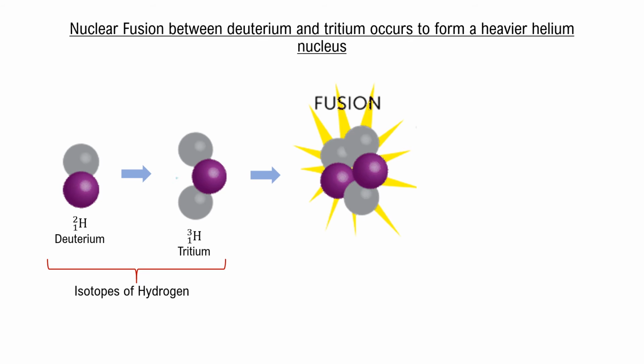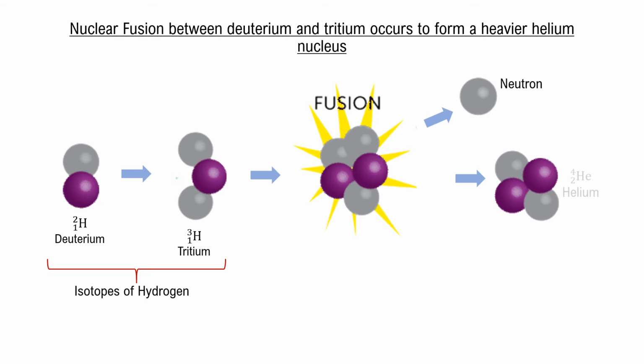After the reaction, it produces a neutron, a helium, and a large amount of energy. So, this is nuclear fusion. We combine or join two nuclei together to form a new heavier nucleus.